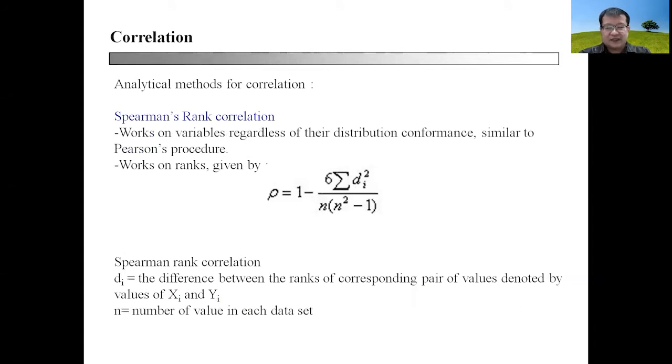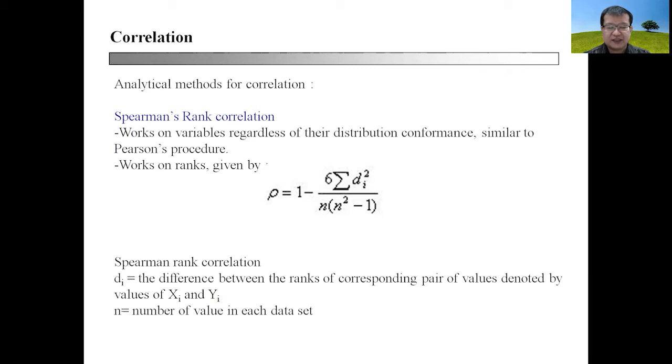Further analytical methods for correlation include Spearman's rank correlation. This Spearman's rank correlation, the formula rho is indicated here, works on variables regardless of the distribution conformance. Even though it is similar to Pearson's procedure, it can take both parametric and non-parametric data. Bear in mind that Spearman's rank correlation, as the name implies, works on ranks rather than absolute values.